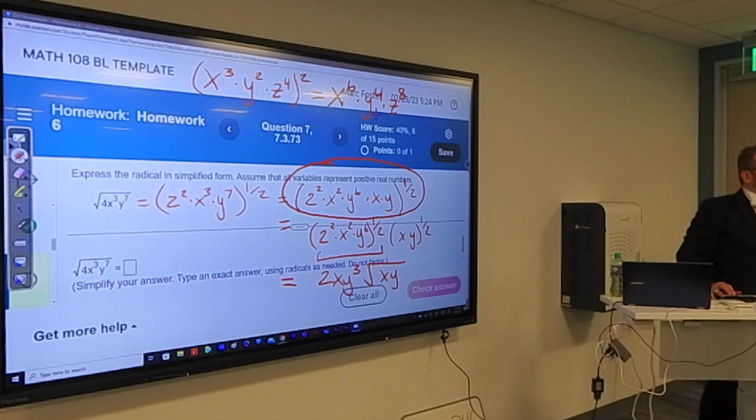It's just an application of the exponent rules. But my exponent on the outside here is a 1/2. So I need half of all these exponents. Okay.